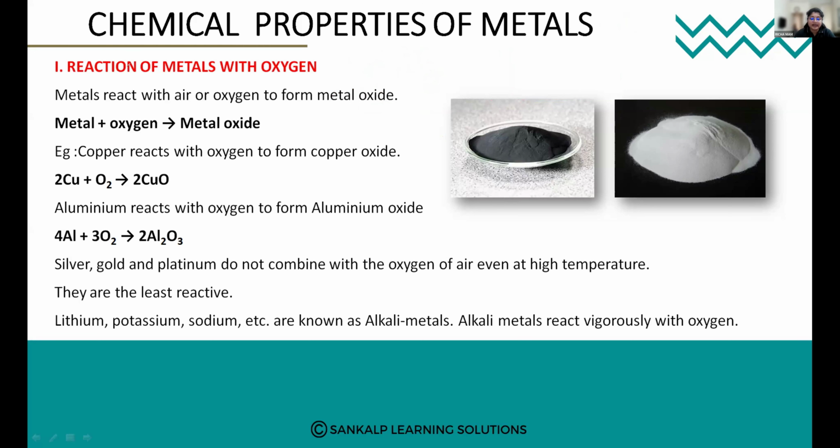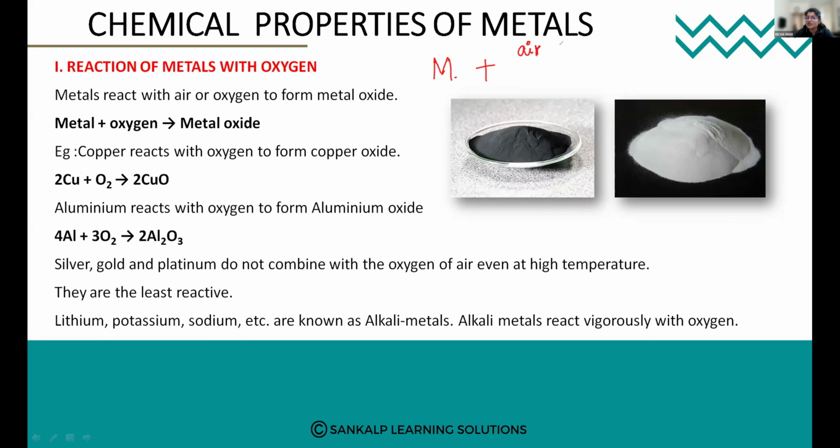So let us see the reaction of metals with oxygen. We are seeing the chemical properties of metals. We represent metal as M. When metals react with oxygen, in the atmosphere, air is there.